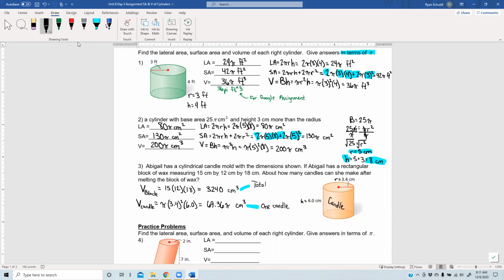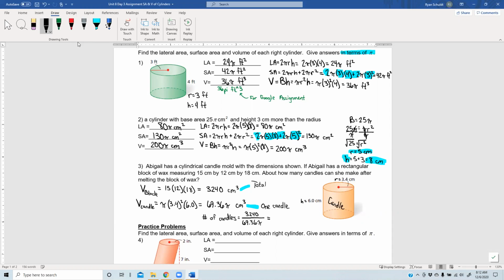So to get how many candles she can make, we can do 3,240 divided by 69.36 pi.